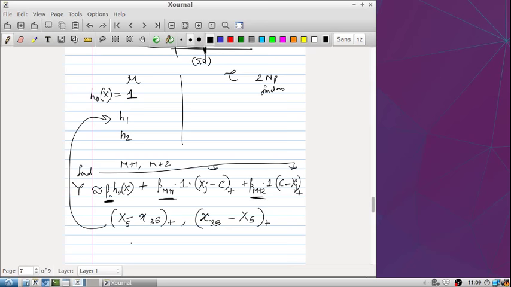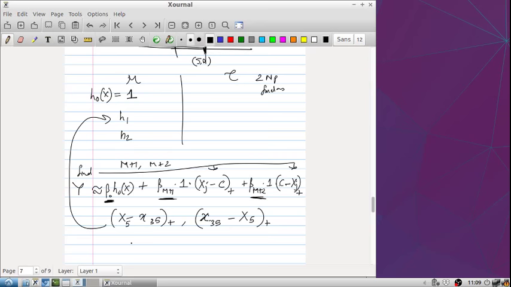I'll also look at this times this as a possible candidate for my next beta n plus 1 and beta n plus 2. That's all. So instead of 1, just think of h1 as also a possible candidate. h1 times something is also a possible candidate, and h1 times some other thing is also a possible candidate. So it's increasing the number of values you can have, but roughly the strategy is just this.